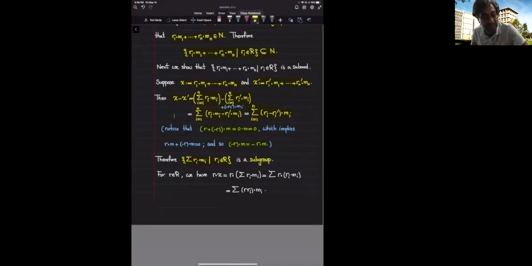Now, in order to show that it's a submodule, it's enough to argue why it is closed under scalar multiplication. I pick a scalar and multiply it by x, and then I use the fact that I can distribute on the module side and write it as r times each one of the terms. Next, I use the fact that scalar multiplication is compatible with multiplication inside the ring and end up getting another R linear combination of m sub i's. So altogether, we deduce that this candidate set is indeed a submodule.